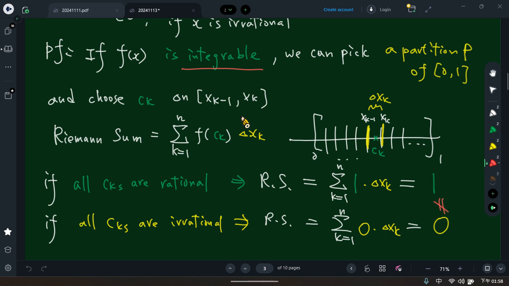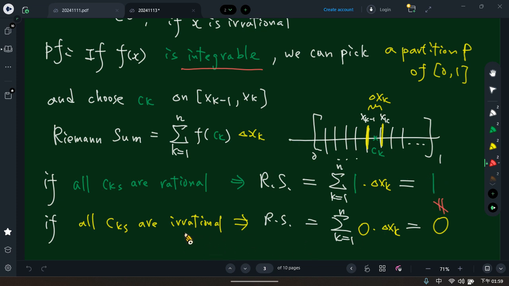But in this case, if you assume it is an integrable function, but based on this analysis, if you pick all ck rational, because if it is integrable, it will allow us to randomly pick these ck's, then you get the result 1.